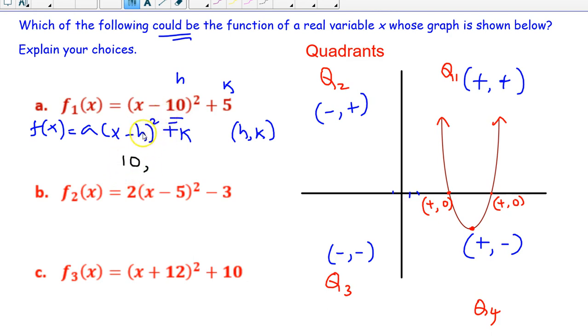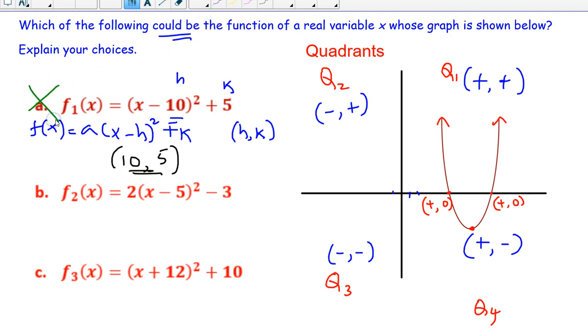It's positive 10, right? h equal to 10, and k is equal to 5. So both x and y coordinates are positive for the vertex. But I need a negative one here, right? So do you think this is applicable for the graph of this function? No, because it is not satisfying the vertex. So I can scratch off a.